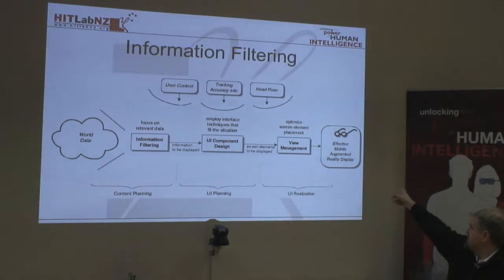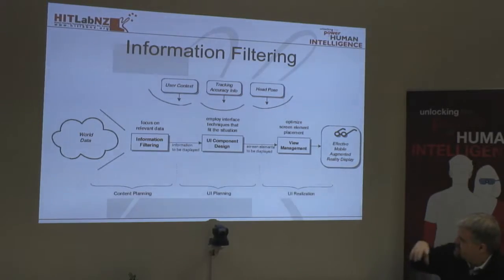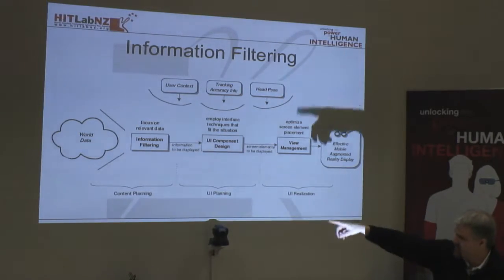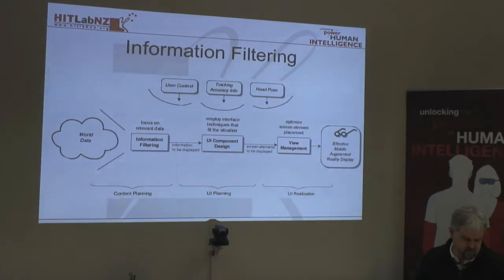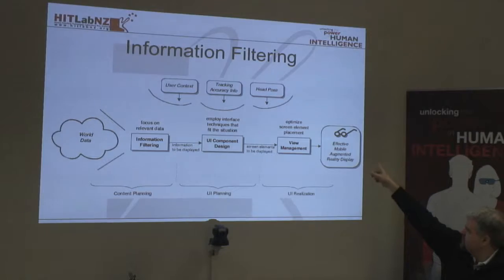So you can see here you have the person's display, and you can imagine that there is a lot of data out in the world. So there's large amounts of information about who is around you, what virtual content there is being shown, and so forth. But that information is not all interesting for me. I'm only interested in certain pieces of information. So what you can do is you can take the user information up the top.